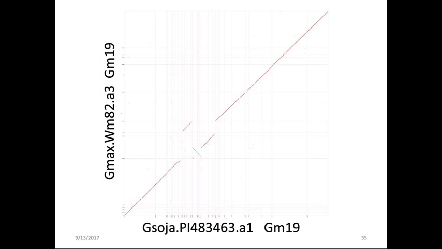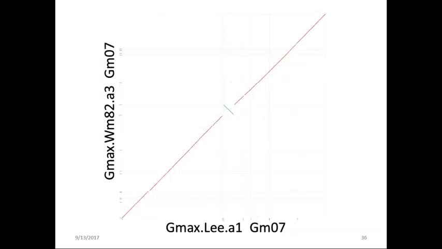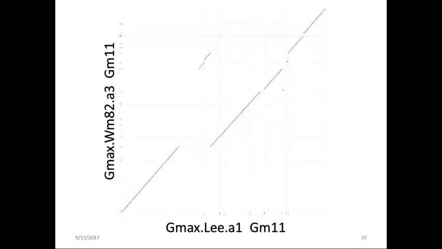We have an inversion here and a rearrangement between the 2 species. When we look at Lee and Glycine max, we have a nice inversion. And then things get interesting again in 11, where we actually have an insertion. Actually, we have 2 insertions, one here, and then another rearrangement. So these are interesting structural concepts to look at in the genome that warrant more looking at.